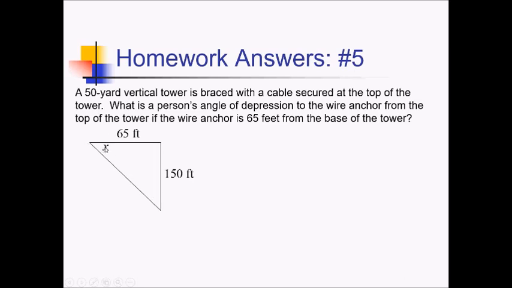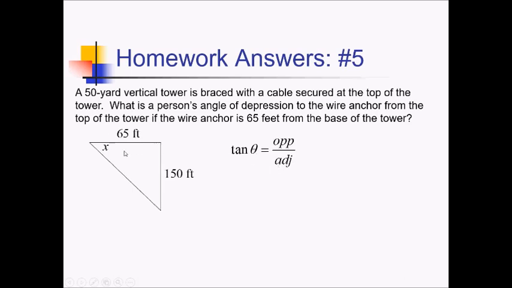Now to get that, just thinking in terms of SOHCAHTOA, we've got the side across from the angle, that's the opposite side, and 65 is the adjacent side. It's the non-hypotenuse leg of the angle. So opposite, adjacent, we're talking TOA from SOHCAHTOA, so that's tan equals opposite over adjacent.